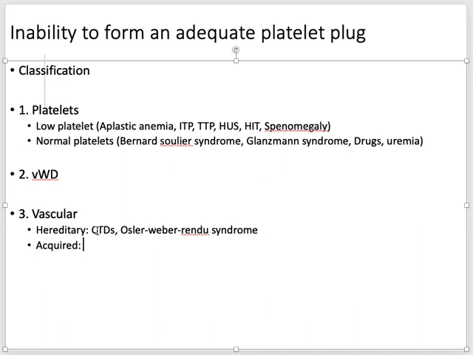An acquired form is Henoch-Schönlein purpura, for example. Scurvy, deficiency of vitamin C, will lead to bleeding. Cushing syndrome is one of the causes in which patients can bleed more. Infections, drugs.